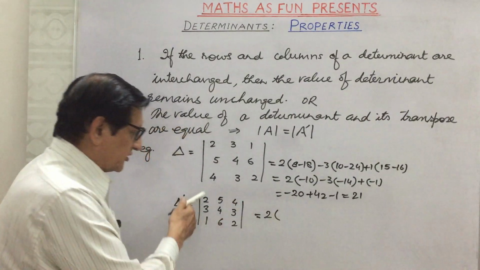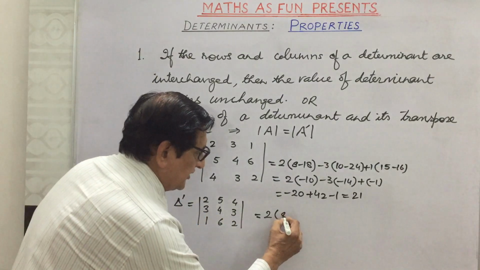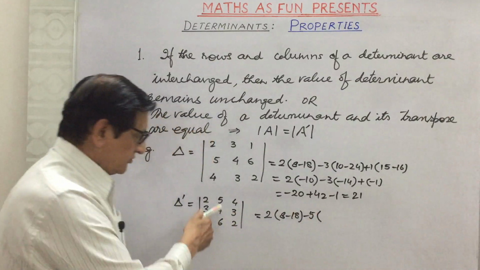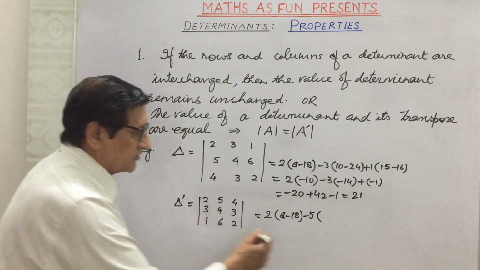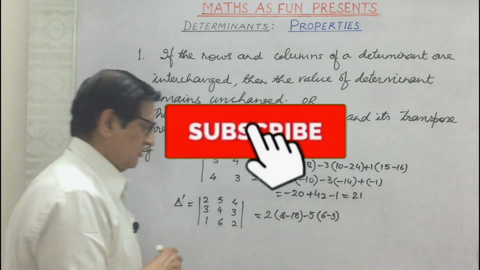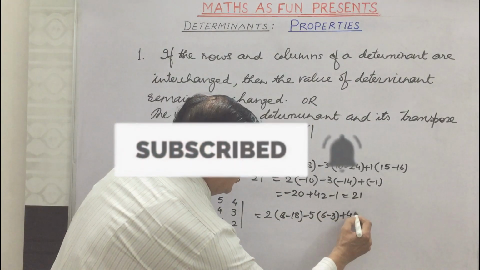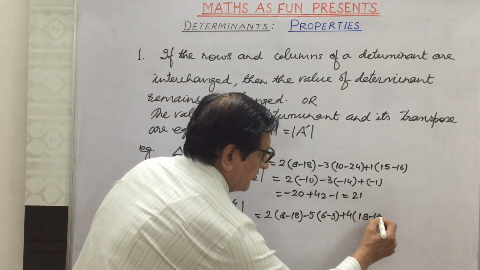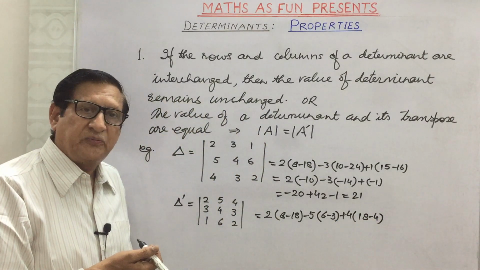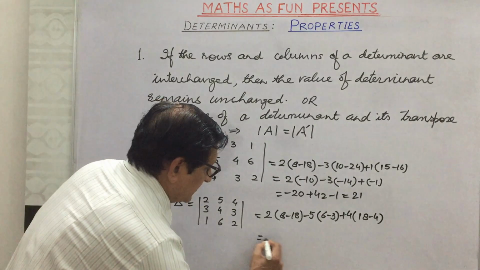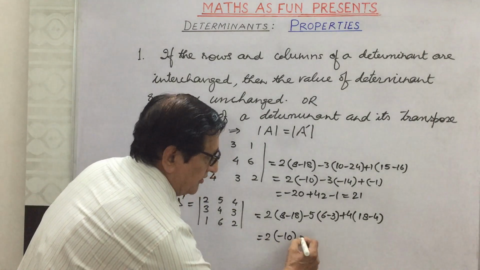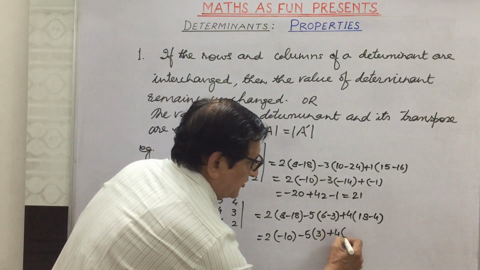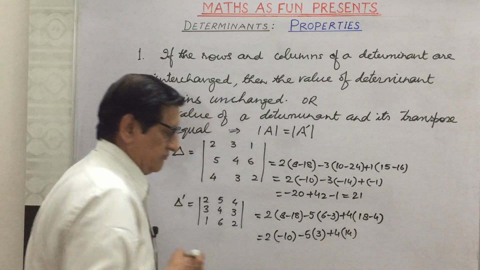This comes as 2 into (8 minus 18), minus 5 into (6 minus 3), plus 4 into (18 minus 4). We have already learned how to find the value by the expansion method. Simplifying this, we get 2 into minus 10, minus 5 into 3, plus 4 into 14.